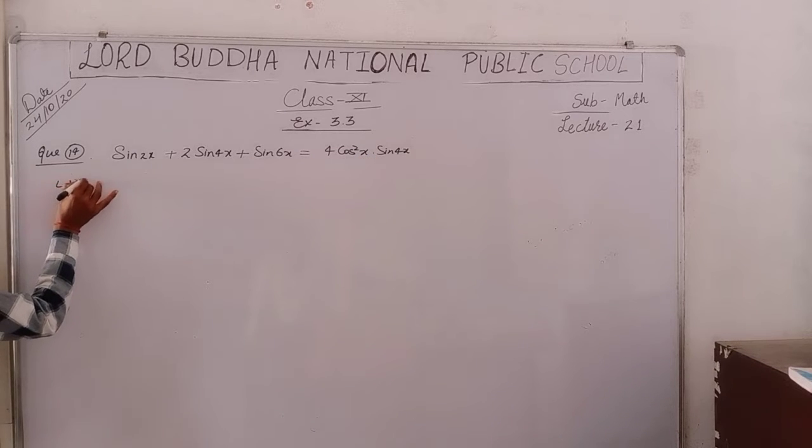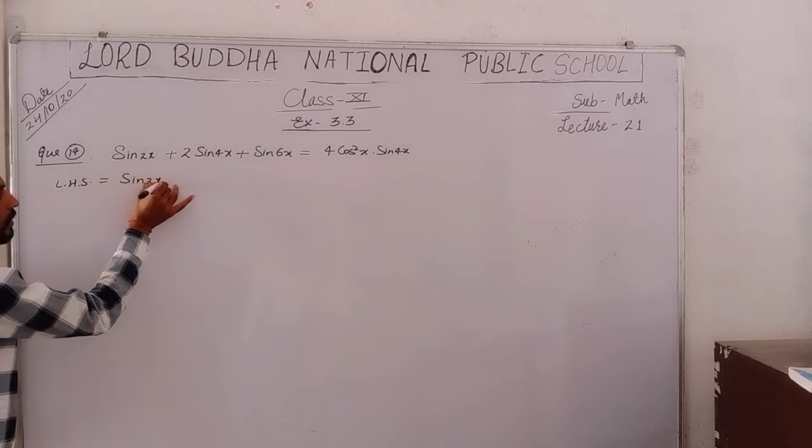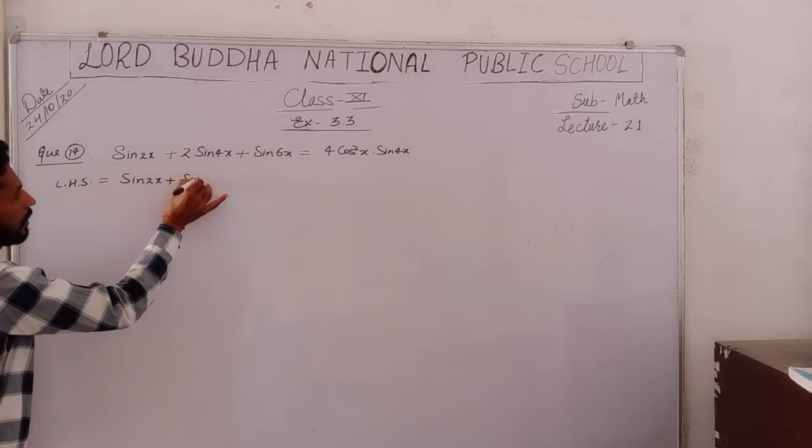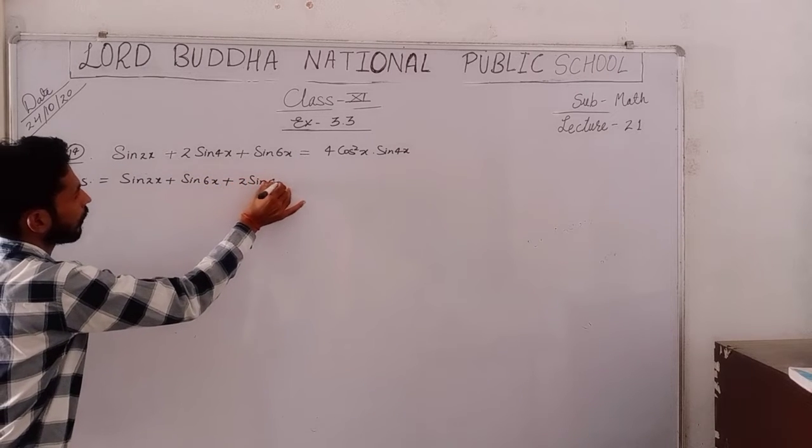Now we will choose the left hand side, that is sin 2x plus sin 6x plus 2 sin 4x.